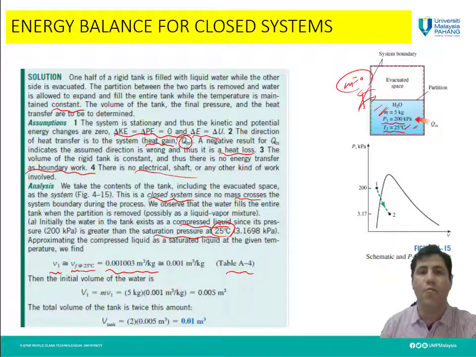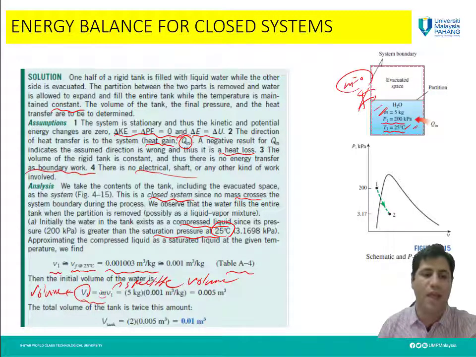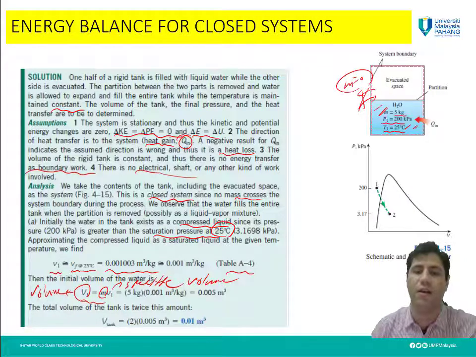Then the volume of the water in the initial state will be V1 equal to m v1, where V is the volume, v is the specific volume, and m is the mass of the water, which is 5 kilograms.